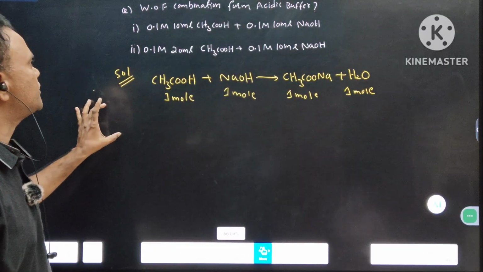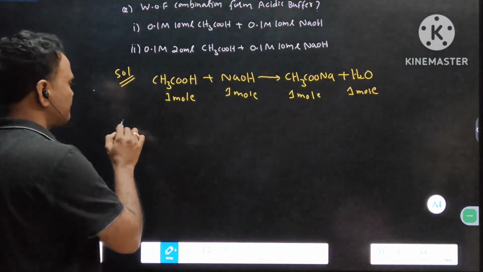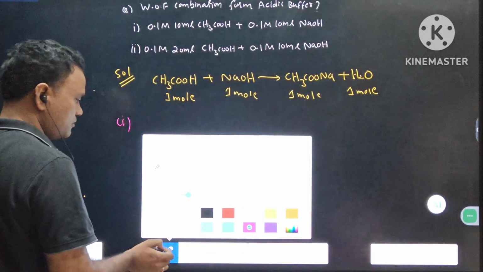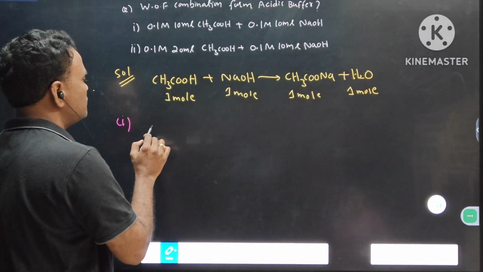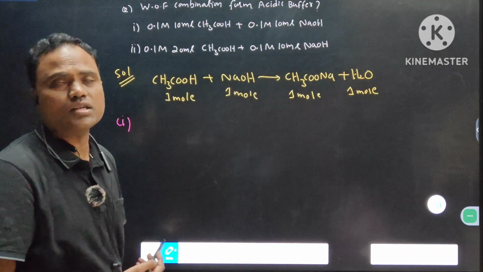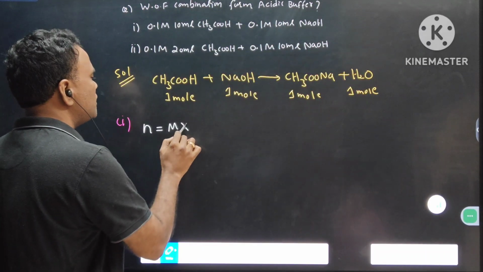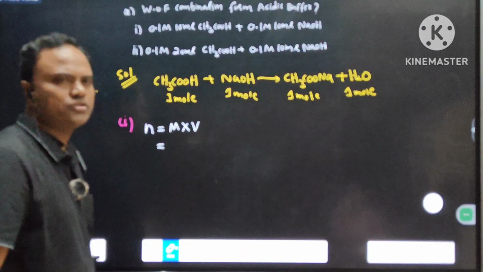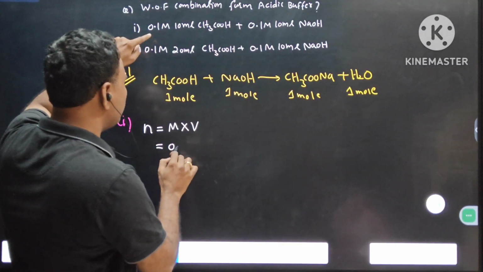Now coming to the question, first one. How many moles of acetic acid is present? What is the formula for number of moles? Number of moles is equal to molarity into volume. Molarity is 0.1, right?